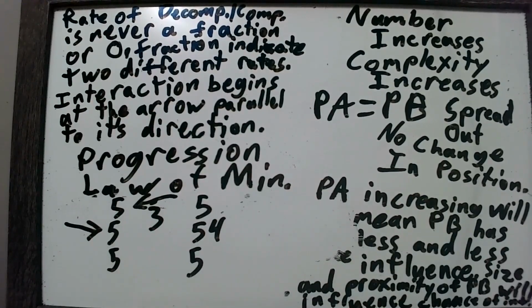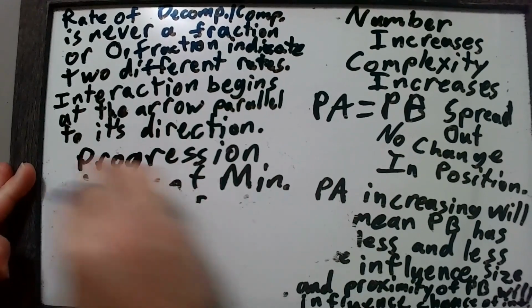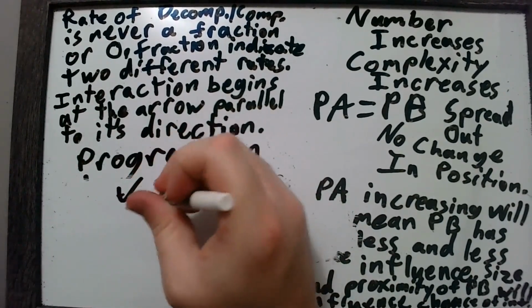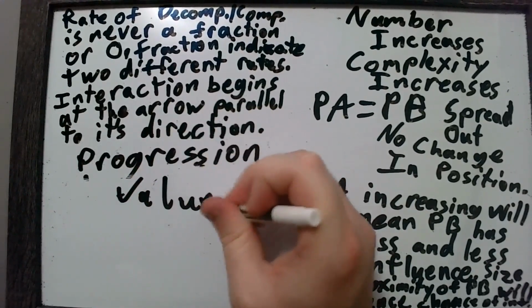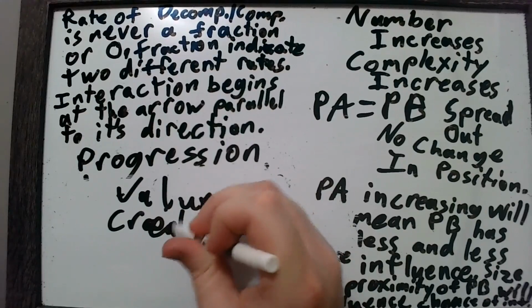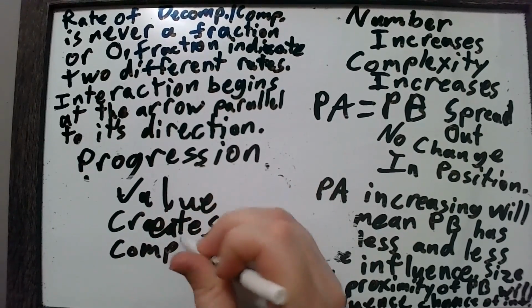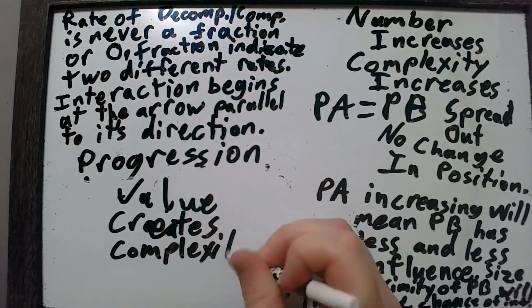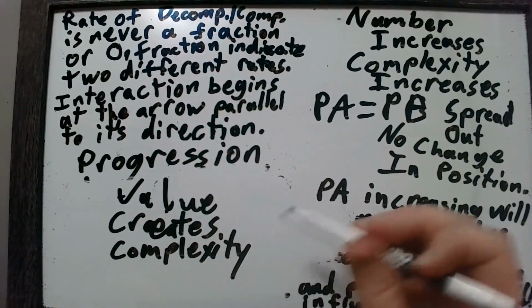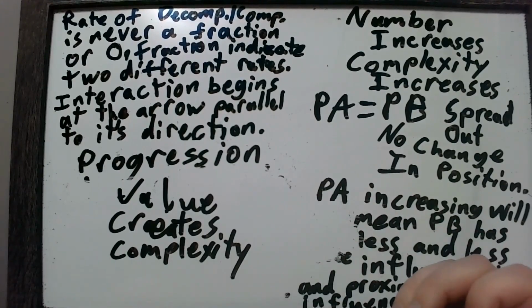All right? To recap, just really quickly, value creates complexity. Right? The rate of decompression and compression is never a fraction.